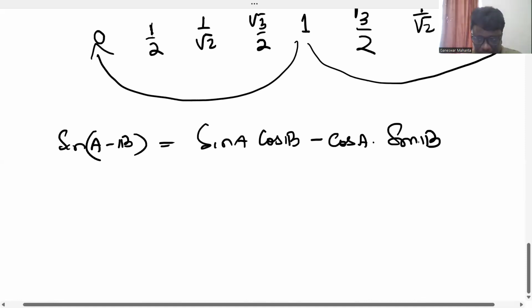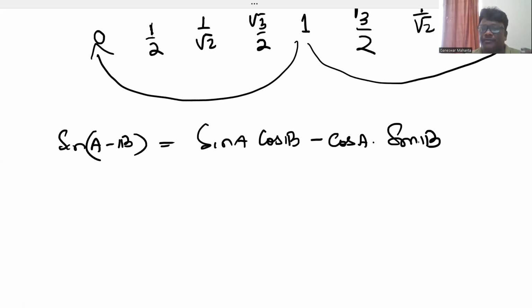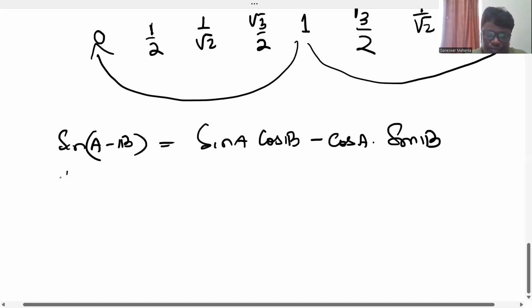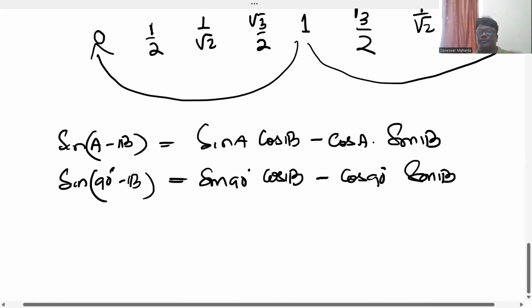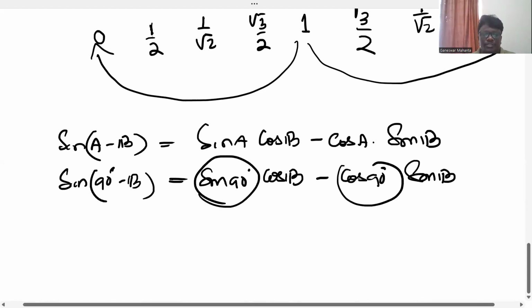This is the concept of the basics of trigonometric functions. Just put A as 90 degrees. Sine 90 minus B is the same as sine 90 cos B minus cos 90 sine B. Remember, sine 90 is already 1 and cos 90 is 0. Then what is the value?